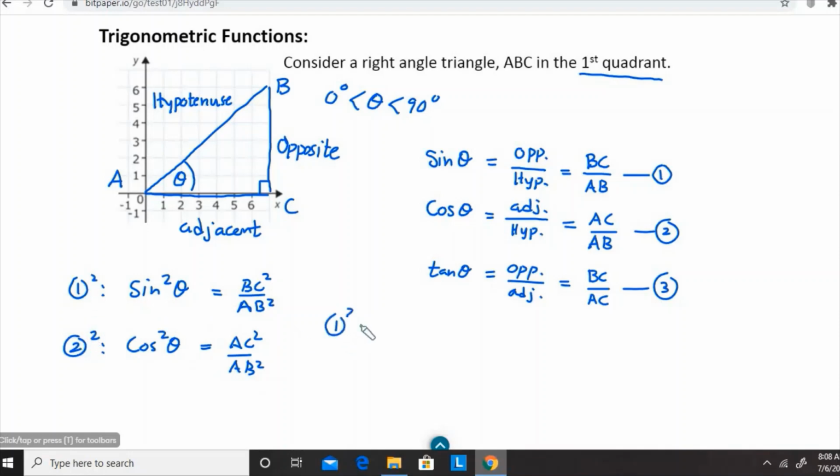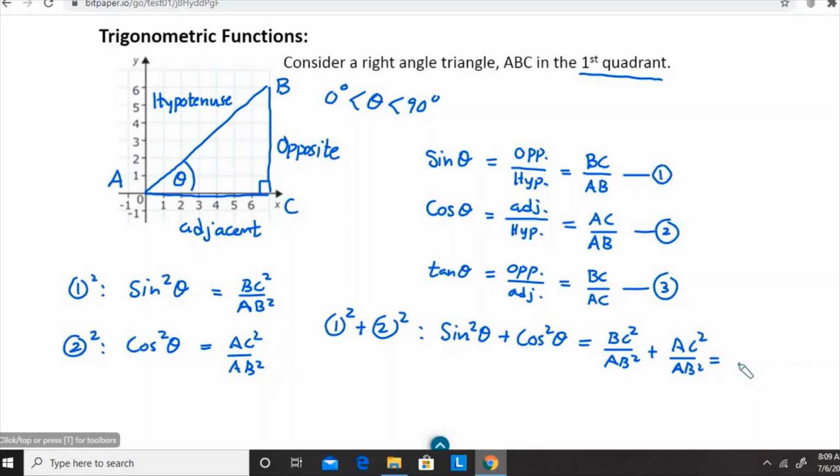On the left hand side, I'll get sine squared theta plus cosine squared theta equals BC squared over AB squared plus AC squared over AB squared.